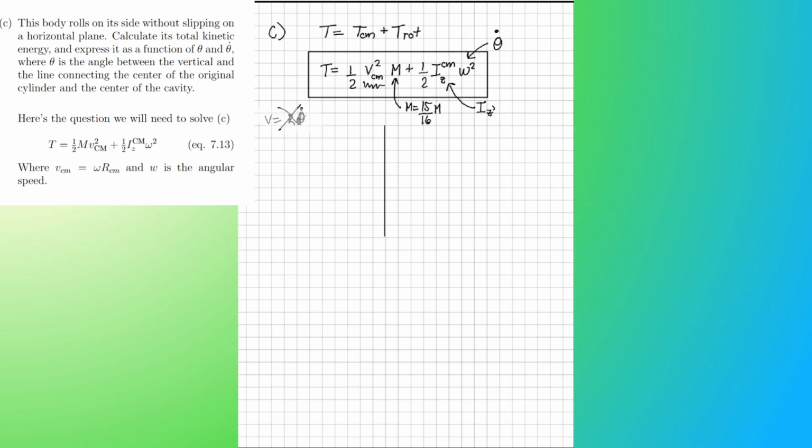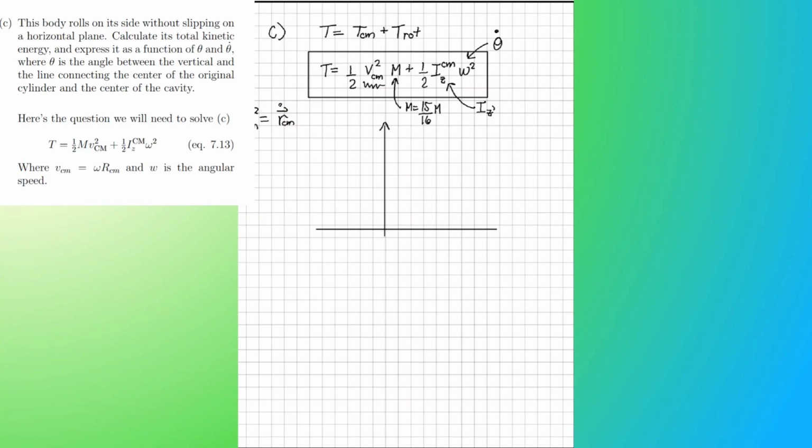We have to find the vector position and then take the derivative of it, and then we can find v squared, because v squared is the square of the derivative of the vector position of the center of mass. So let's find the vector position of the center of mass.